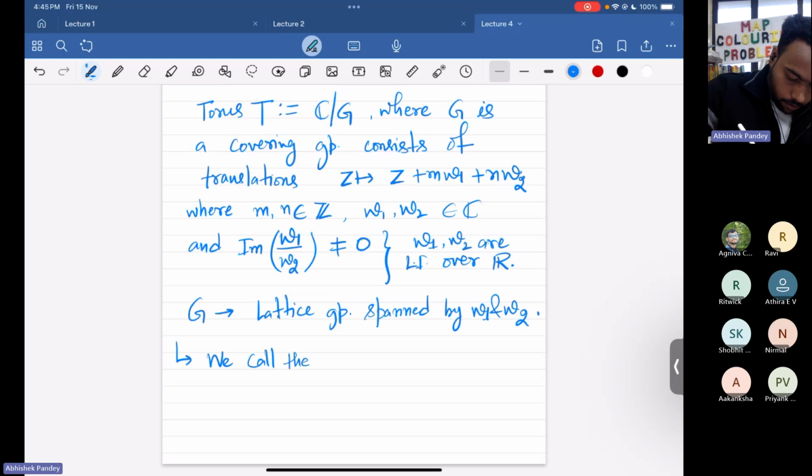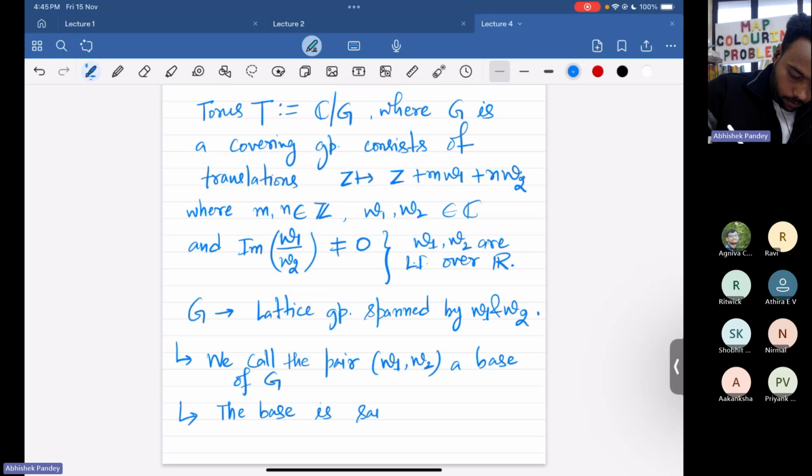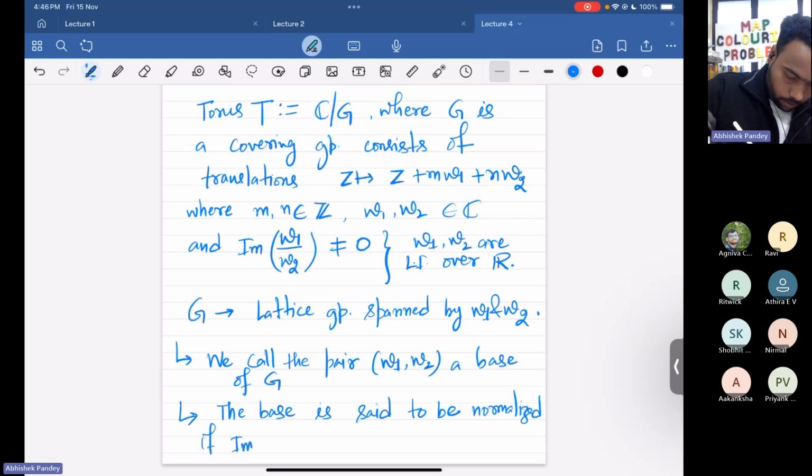We call the pair w1, w2 a base of G. And this base is said to be normalized if the imaginary part of w2 upon w1 is positive.